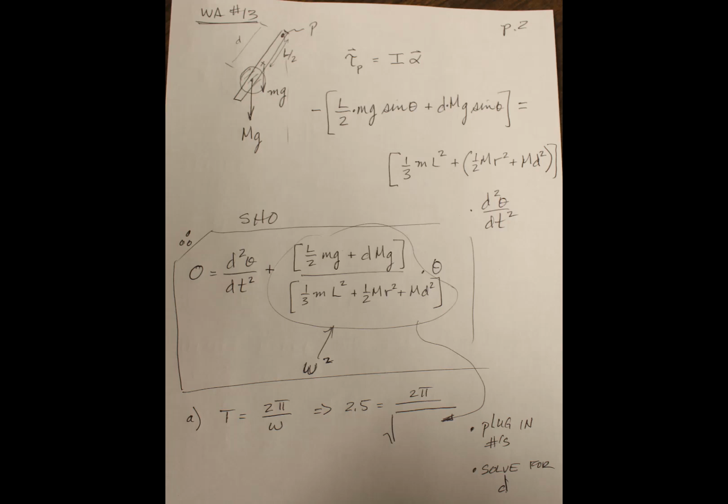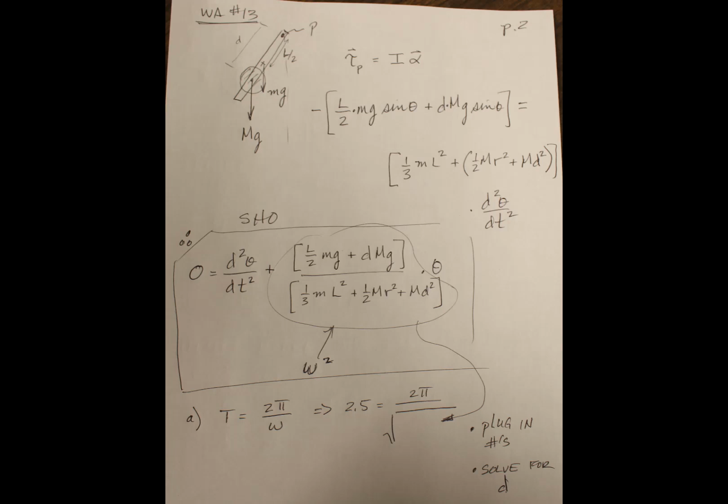Torque is the rotational inertia times the angular acceleration. So because the torque is a restoring force, I put a negative sign in front. The moment arm for the rod is L over 2, assuming that it's homogeneous and uniform as they say in the problem. So the center of mass will be at L over 2. That's where the force, gravitational force, is acting.